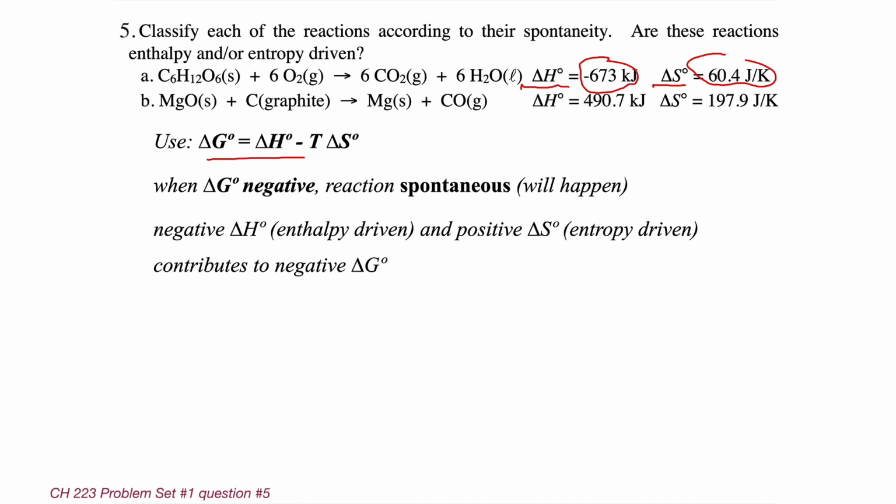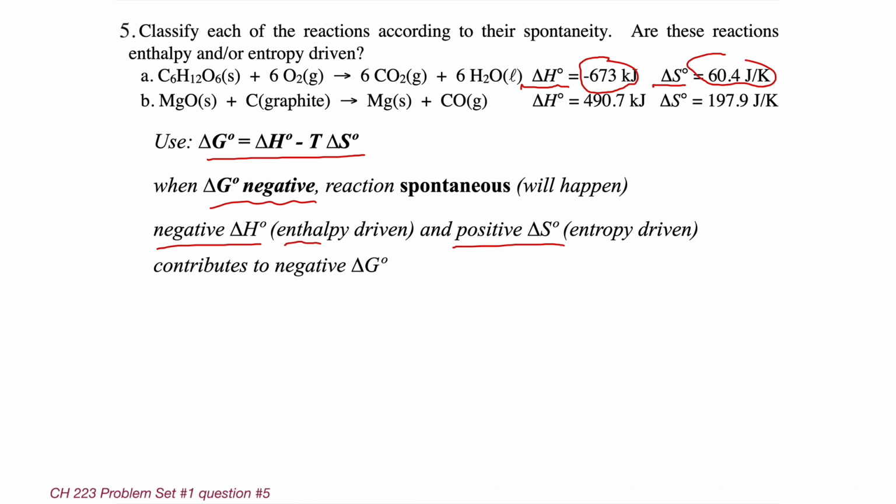Here's the Gibbs free energy equation right there, delta G equals delta H minus T delta S. And remember, we're looking for negative delta G's. So if you have a negative delta H, which we do on A, and a positive delta S, this reaction is absolutely going to be spontaneous.